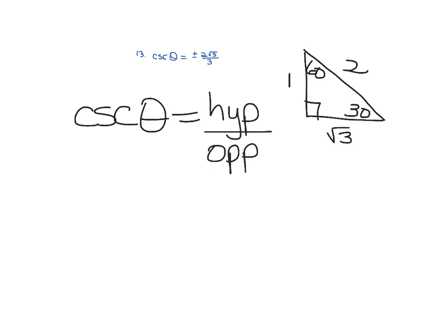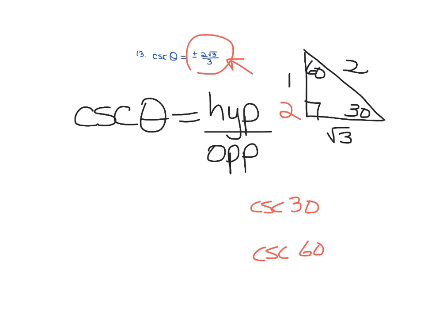So notice when I go to fill this in, my hypotenuse should be 2. But notice my fraction. It's got a 2 root 3 there. So this is telling me that this answer has been rationalized. So what I can do here is I could first do cosecant of 30, cosecant of 60 to see which one's going to give me this.